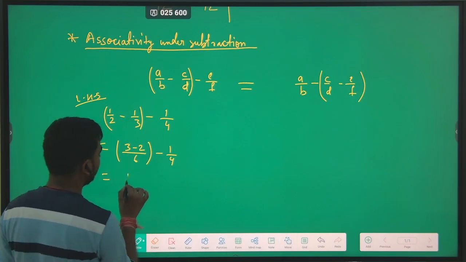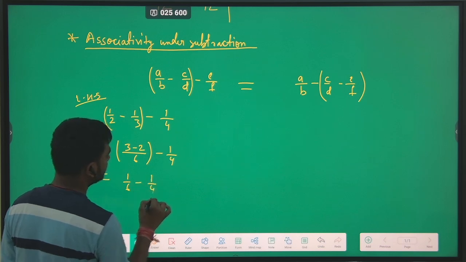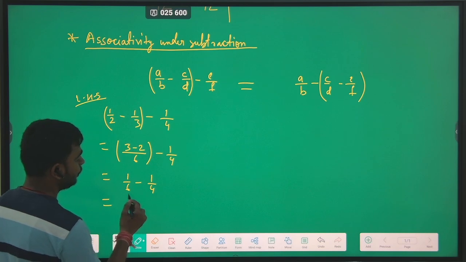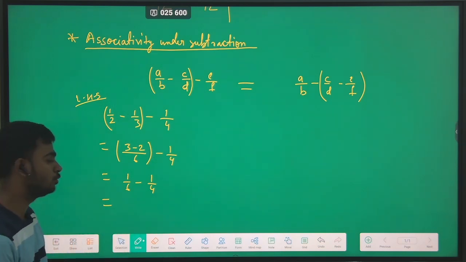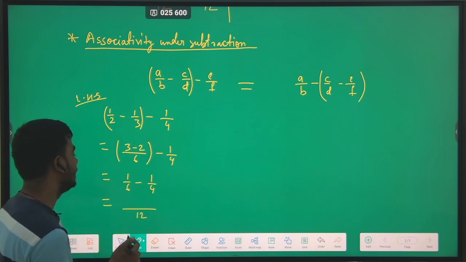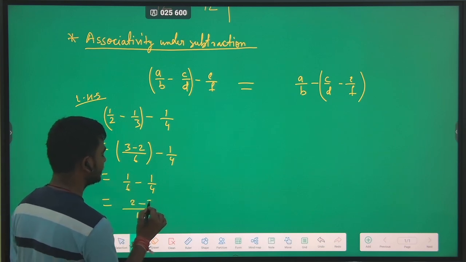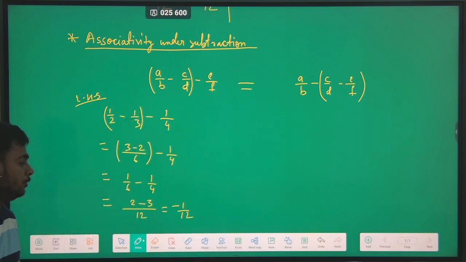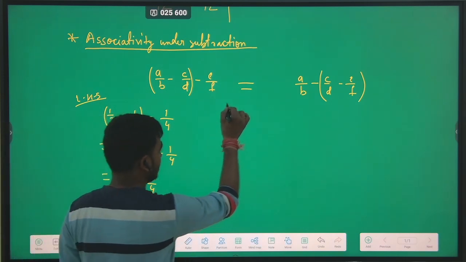On solving this, we will get 1 upon 6 minus 1 upon 4. We know that the LCM of 6 and 4 is 12, so the numerator will be 2 minus 3. So, we get minus 1 upon 12 in the LHS part.